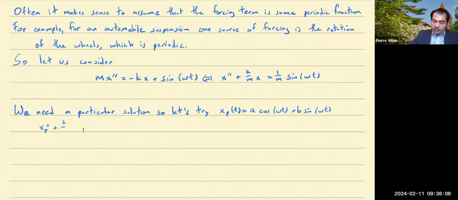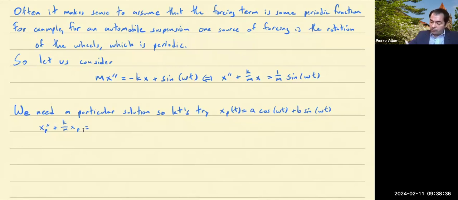the left-hand side, x_p double prime plus k over m x_p, would become, well, if you take two derivatives of cosine omega t, you get minus omega squared cosine omega t. And similarly with sine, two derivatives of sine omega t give us minus omega squared sine omega t.